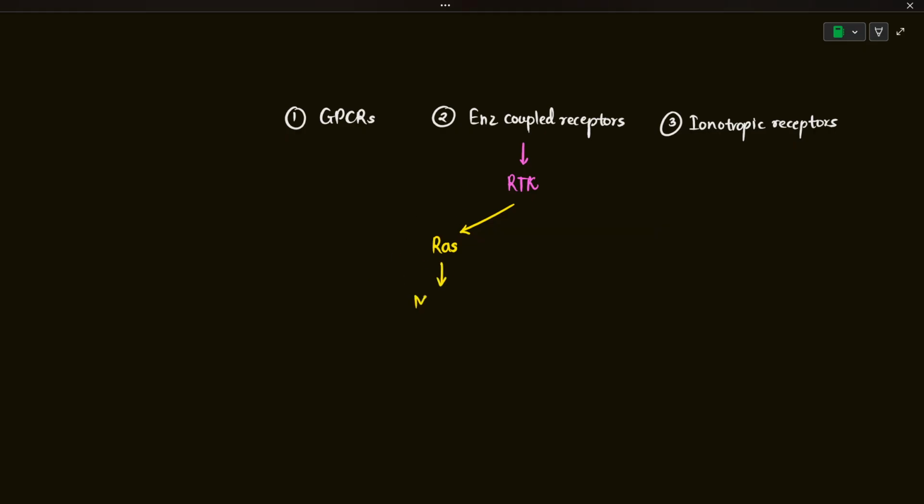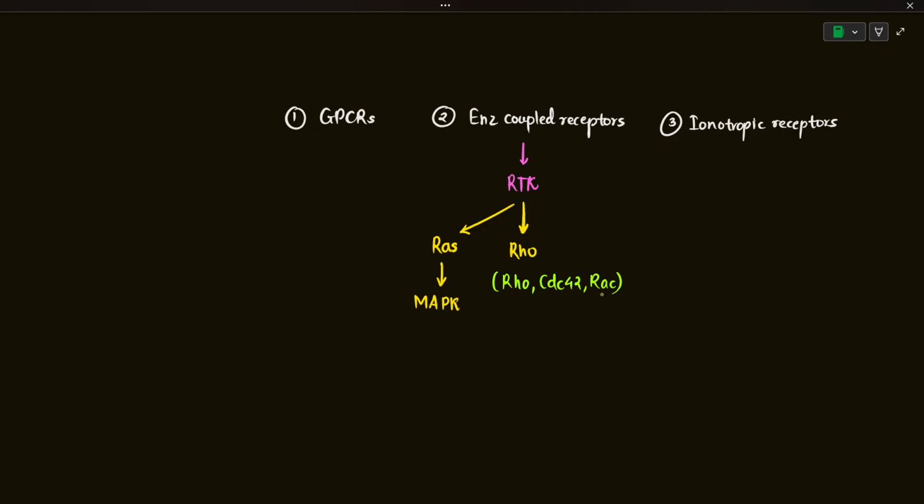So we learned how RAS activates the MAP kinase module in the last class, right? The other type of GTPases that could be activated by receptor tyrosine kinases is the Rho family GTPases. The Rho family is a subclass of the RAS superfamily GTPases, and there are different family members such as Rho protein itself, CDC42, let me just write it down here, and there is one more called RAC.